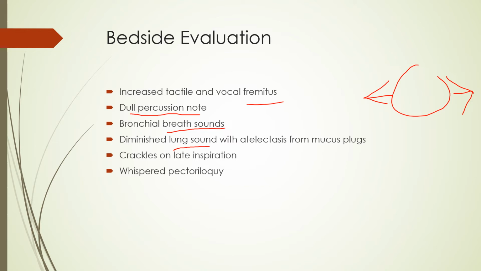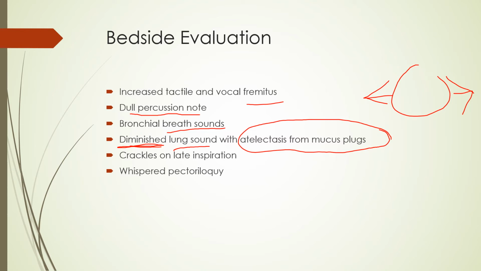There's something that's not allowing it to expand, so the lung sounds will be very diminished. You won't be able to hear very much air moving at all, right? Especially if there's atelectasis with mucus plugs, you're really not going to be able to hear much moving at all.